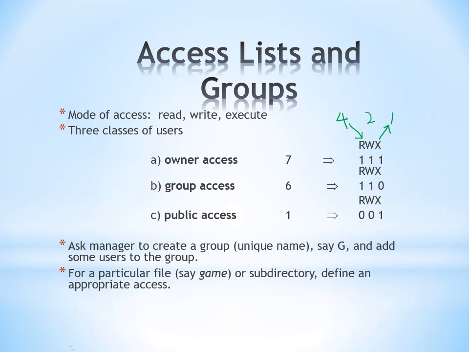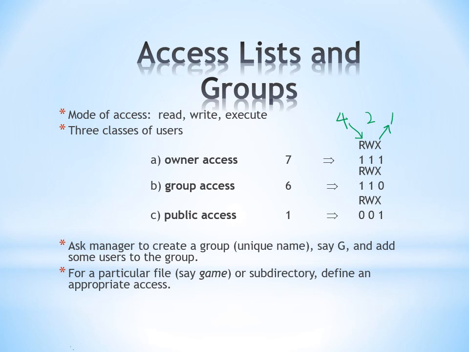In Linux, you can either use values or text. So the read access in Linux can be represented by 4, W will be represented by 2, and X will be represented by 1.